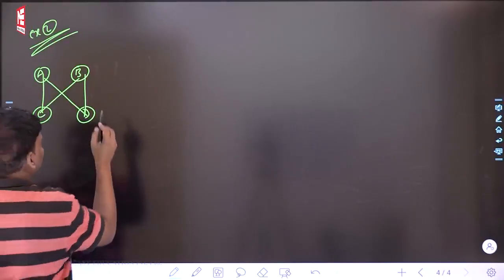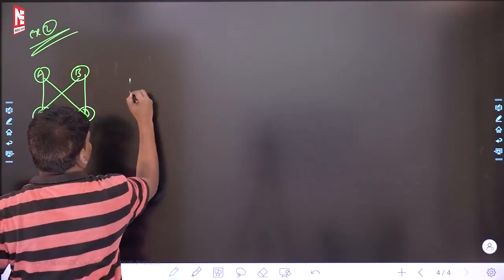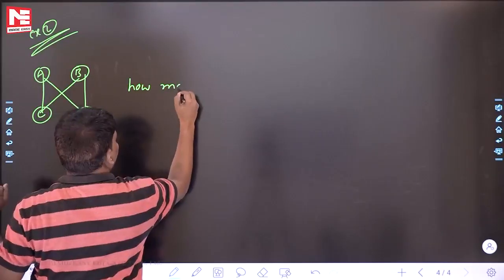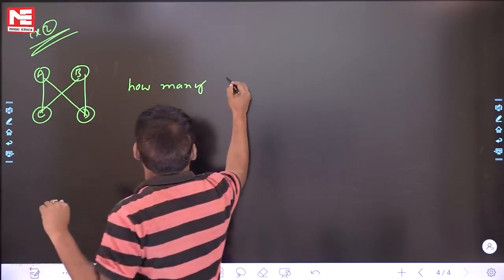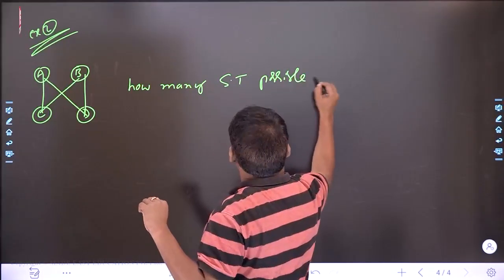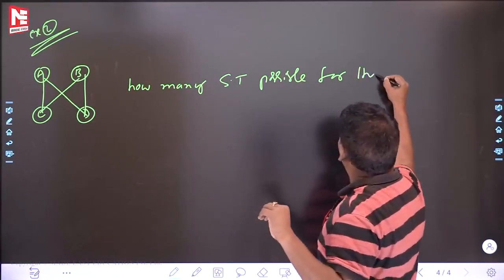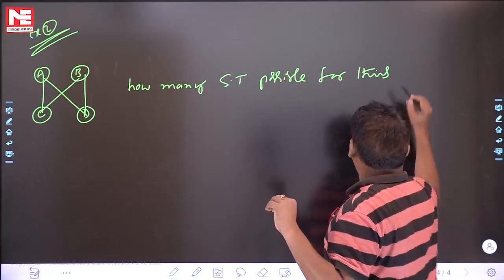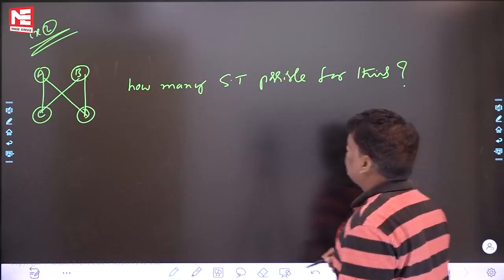Can you help me now? For this graph, how many spanning trees are there? Find out how many spanning trees are possible for this. Please check.